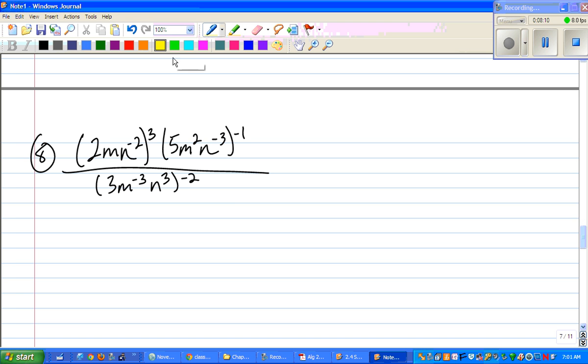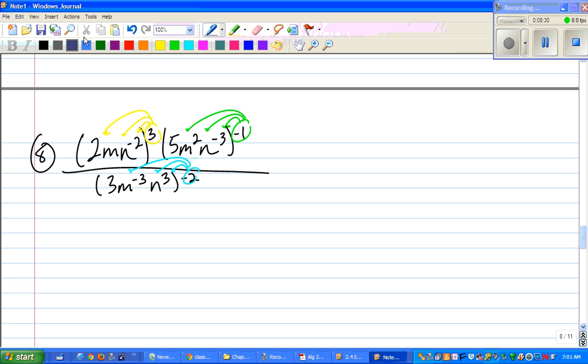All right. Just like on that last one, we're going to distribute first. Since each one of these are individual ones, and we can't reduce inside the parentheses, we've got to distribute everything.